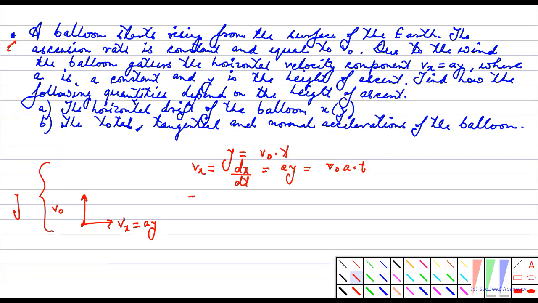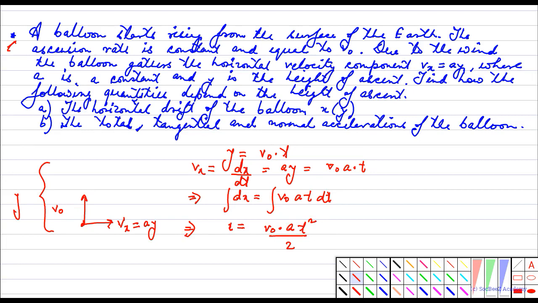So from here I get dx as v naught into a into t dt. So if I integrate on both the sides, I'll get the expression of x as v naught into a into t square by 2.